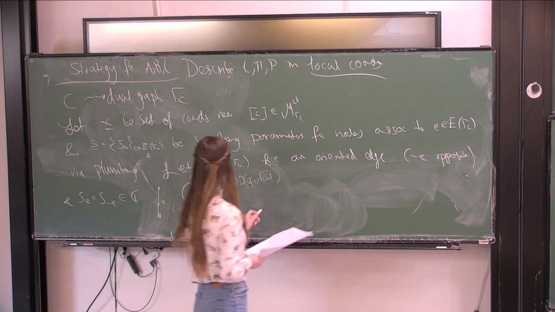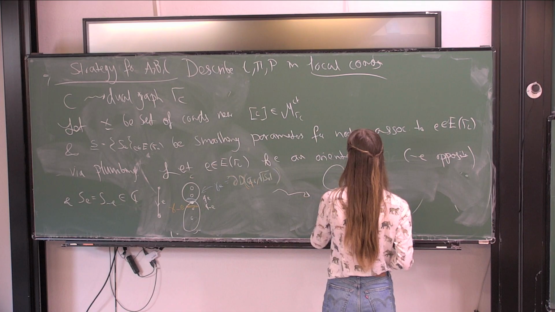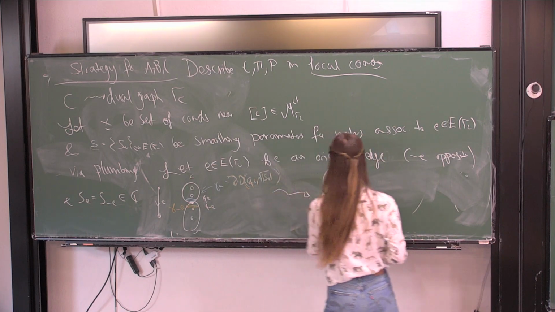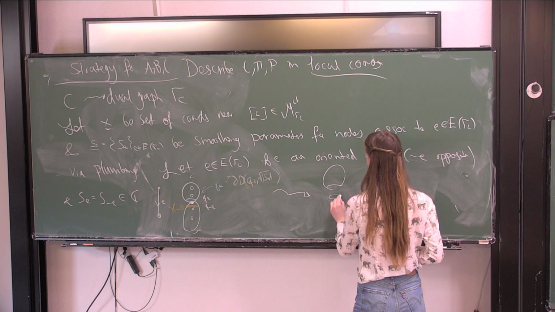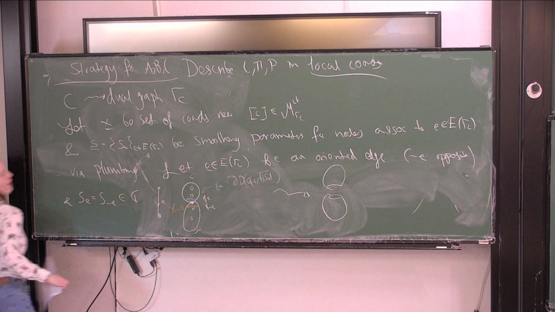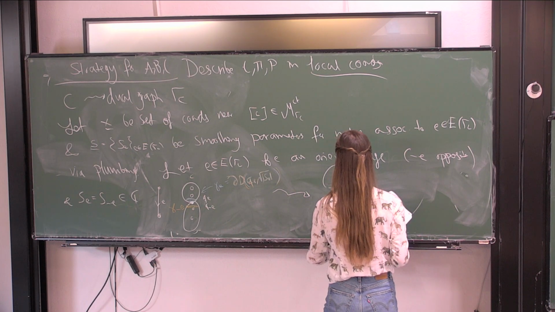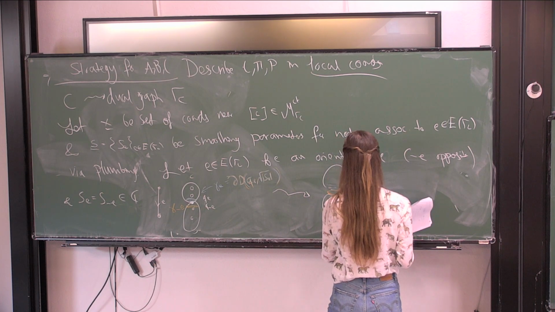Okay, so now you want to smoothen this node out, and then you just cut out these small disks and you glue together the loops. Oh no, I glue them together, so I use the same color for both.